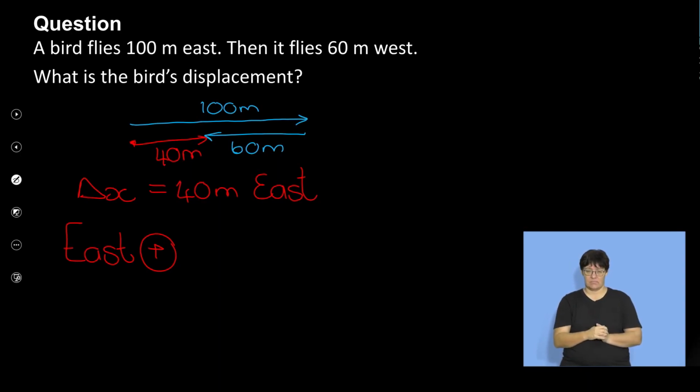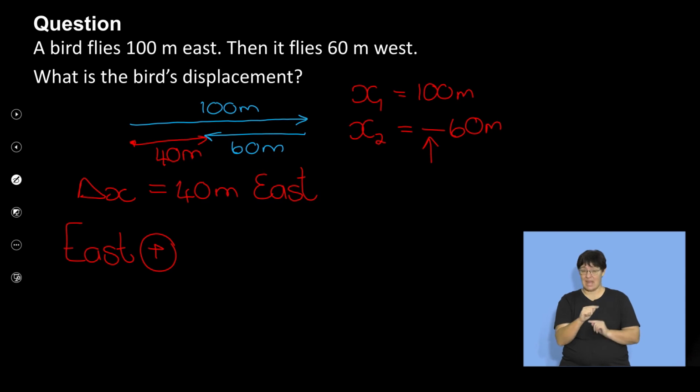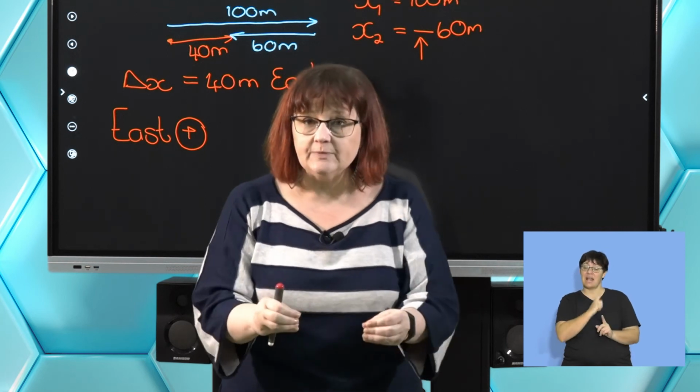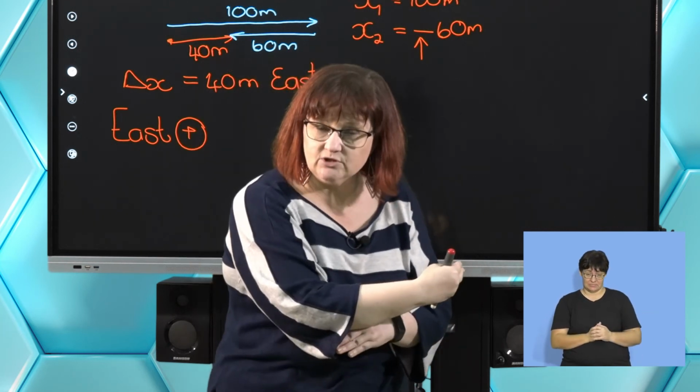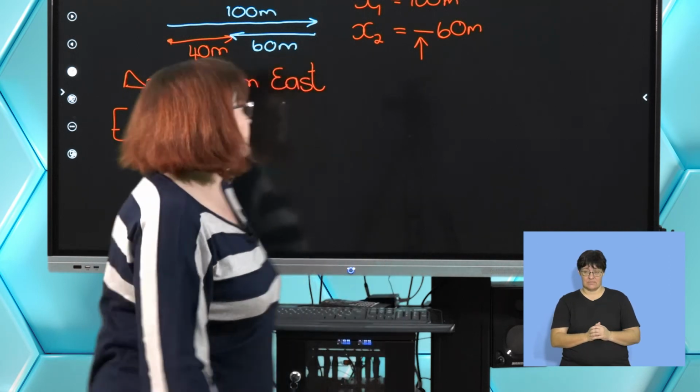So that means for me that my first distance, okay, was 100 meters, and that's positive. My second distance was 60 meters west. That makes it minus 60, okay? That minus isn't a negative number like on the number line. That minus tells me I changed direction. So that minus is important.